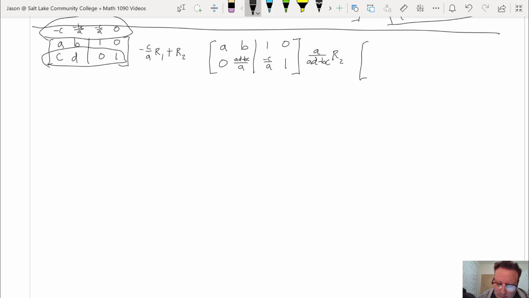Okay, and what do I end up with? Top row stays the same: A, B, 1, 0. Second row changes to 0, 1. And then when I multiply negative c over a times a over ad minus bc, the a's cancel, and I'm left with negative c over ad minus bc.